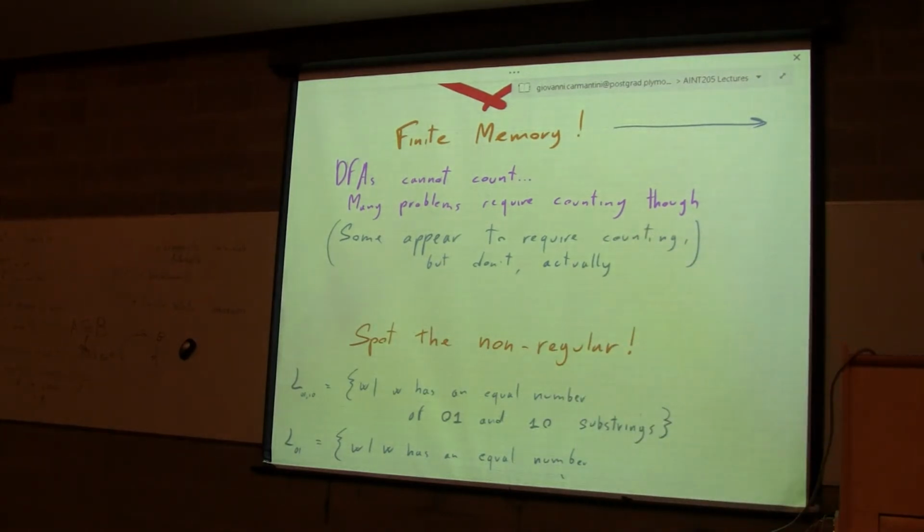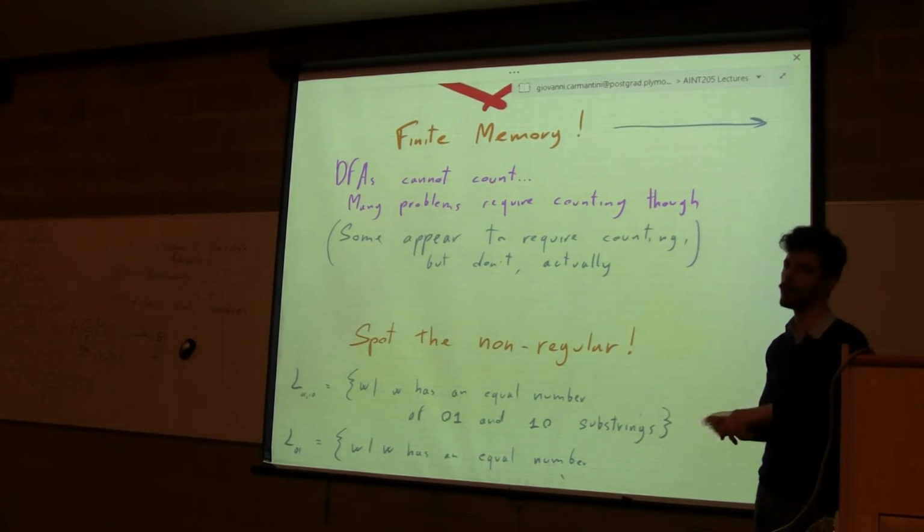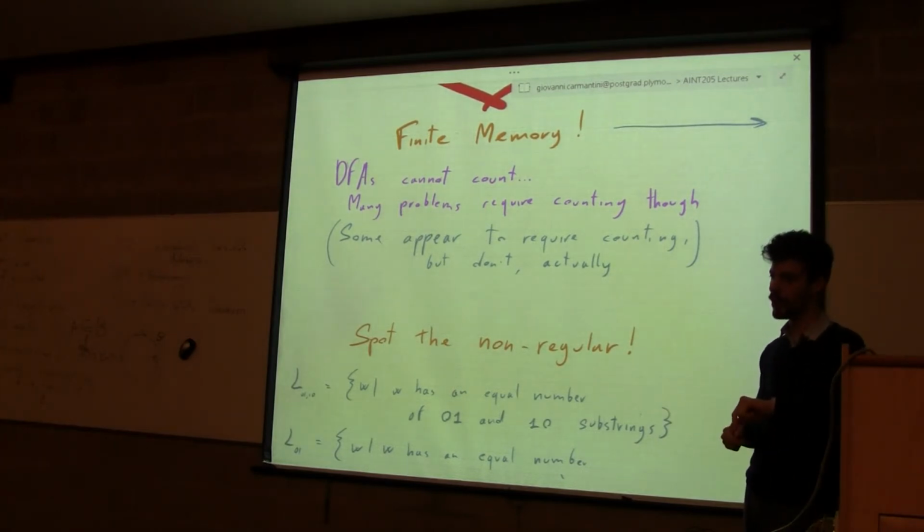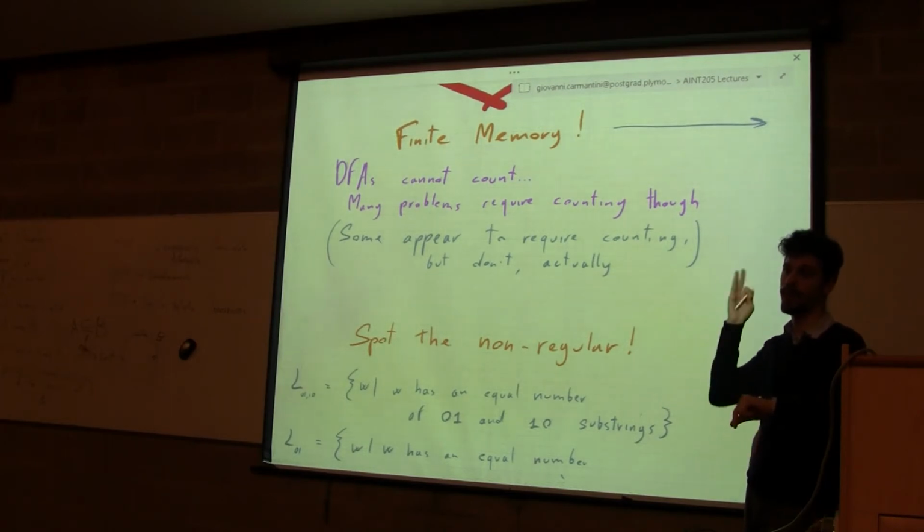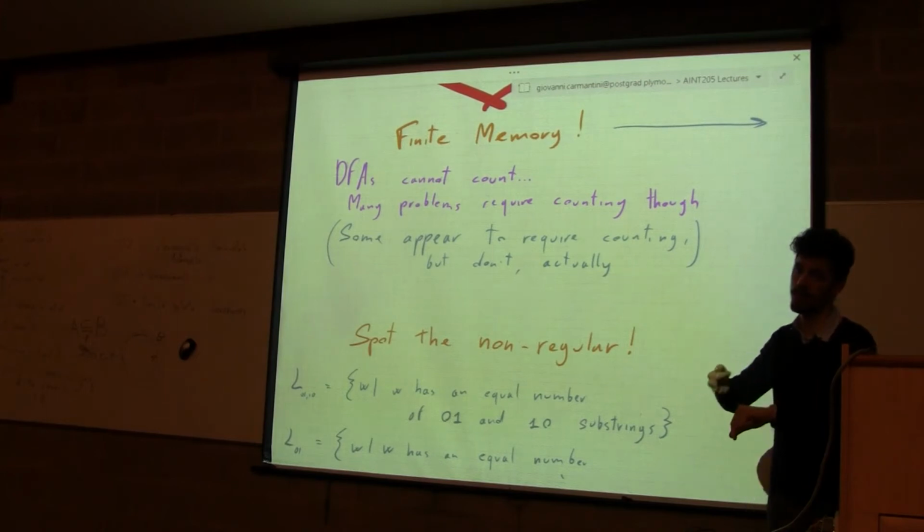So, some problems need an unbounded amount of memory to be solved. Meaning not that you would have to have a computer which runs forever, but just that, for example, to solve the parenthesis balancing problem, you cannot just set a finite amount of memory and stick with it.